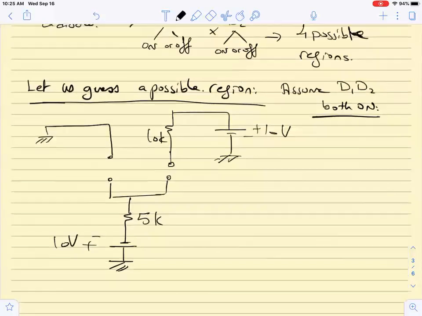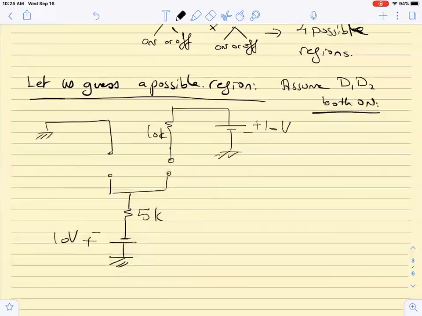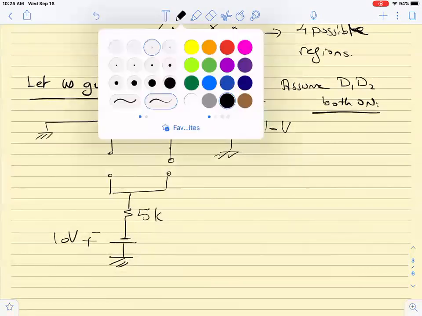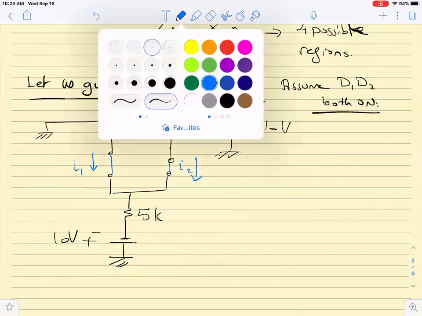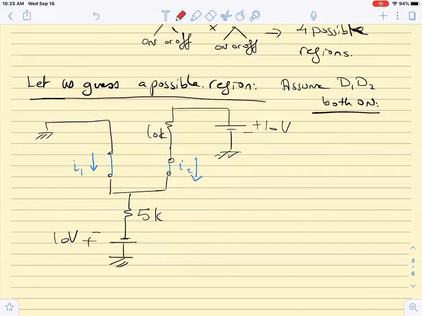So now if we zoom out, if I assume both on, I am going to place a short circuit in place of diode 1 and a short circuit in place of diode 2. The direction of I1 is going down and the direction of I2 is also going down. Okay? So what do I do? To follow the three-step procedure, number 1, we are going to set V of diode 1 to 0 and V of diode 2 to 0.